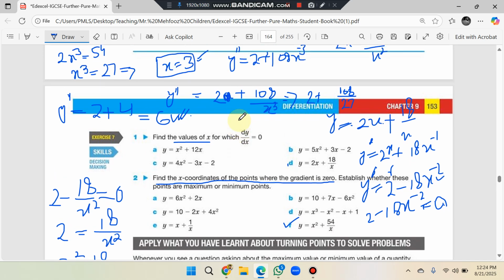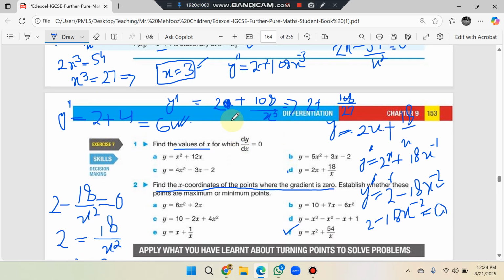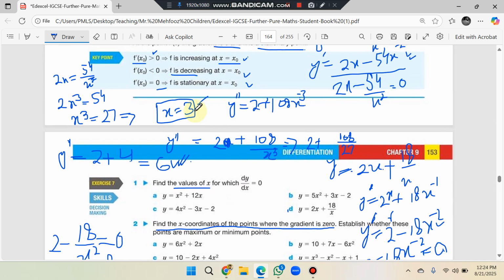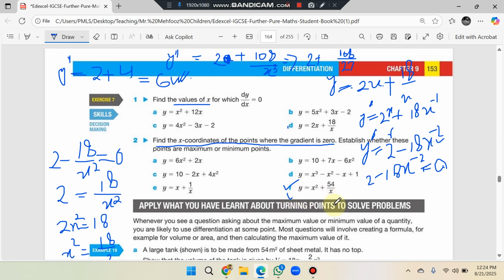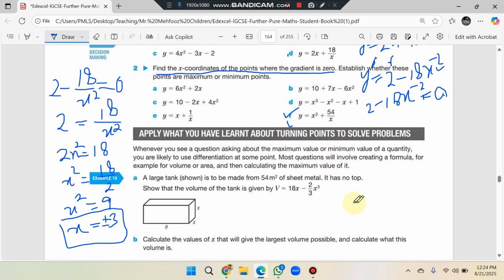But we do not have a point, we have just the value of x. So we just put the value of x into this part F parent equation to get the value of y. So y is equal to 3 square plus 54 over 3.